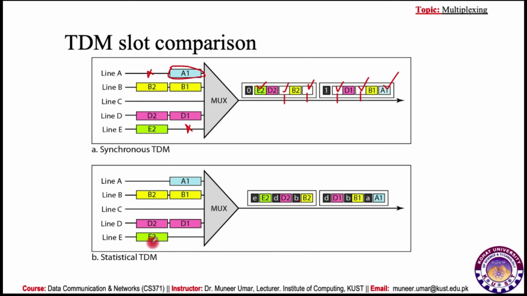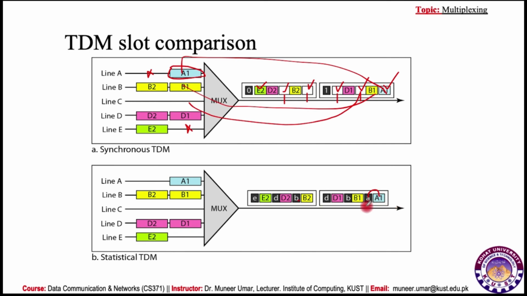Now if you look into statistical time division multiplexing, here we don't have any empty slot, but there is one additional thing that identifies the generator or the owner of the slot. In the synchronous case, the order was understood: the first slot is for A, the second slot for B, then the third slot for C. Here the order is not understood at the receiving end.